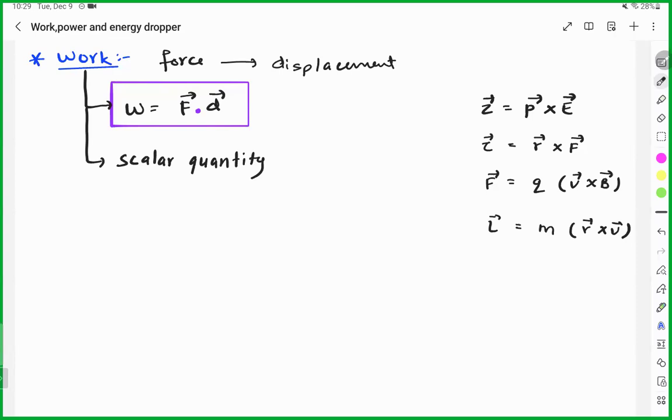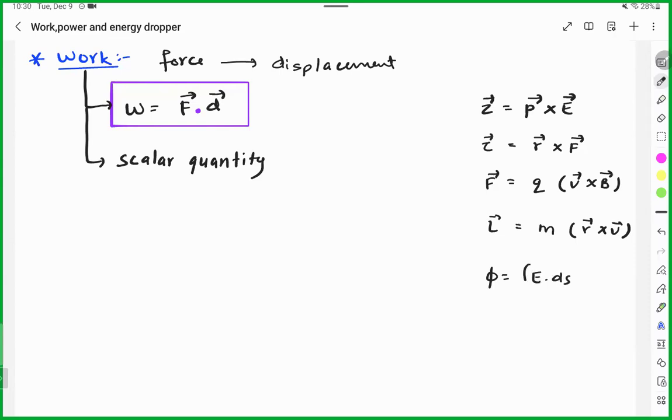And whenever there is a dot, example, here in work done, you write this force dot D. Other than that, where do you use the same method? When you calculate potential, when you calculate phi is equal to E dot ds.